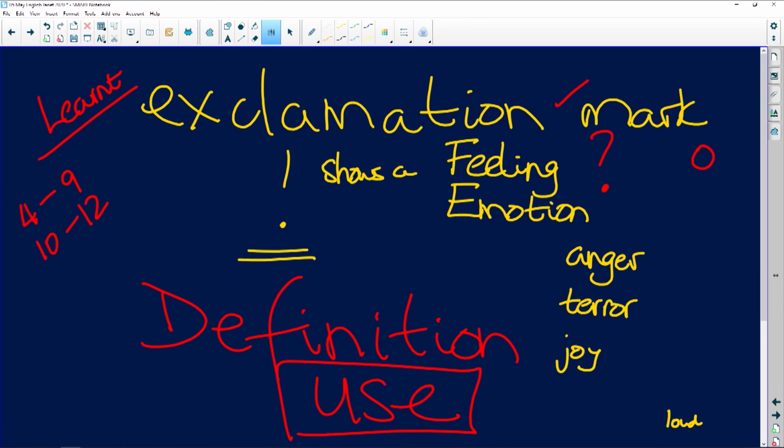No marks for a definition, because you are asked, how is it used? So look in the context and tell me how it's used in this context, because that exclamation mark over there is going to be different from this exclamation mark over here. Okay.